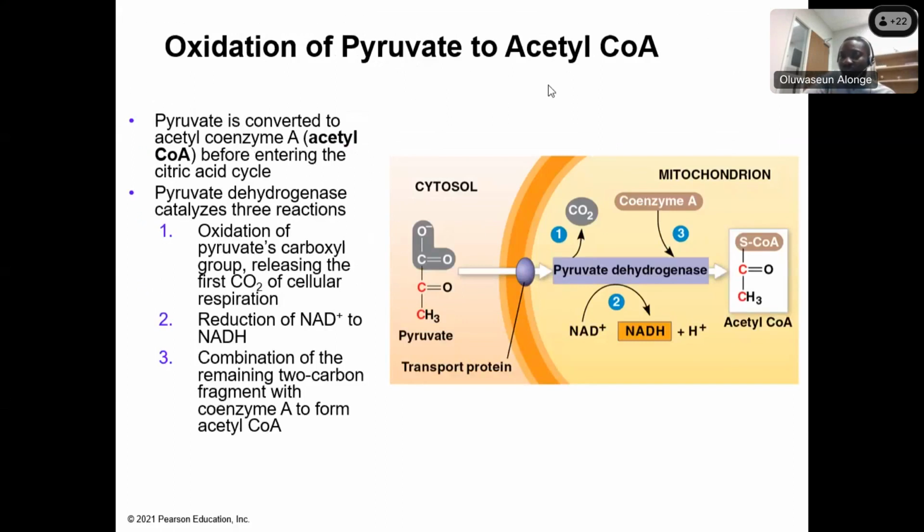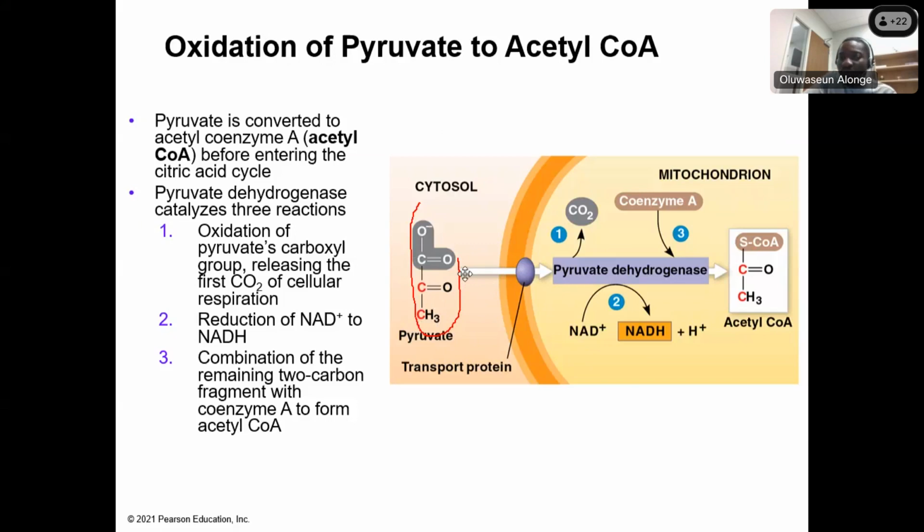Pyruvate, look at this here. I'll show you on this image and it will make very good sense. Here is pyruvate coming here, and you see that pyruvate has a 3-carbon compound here.